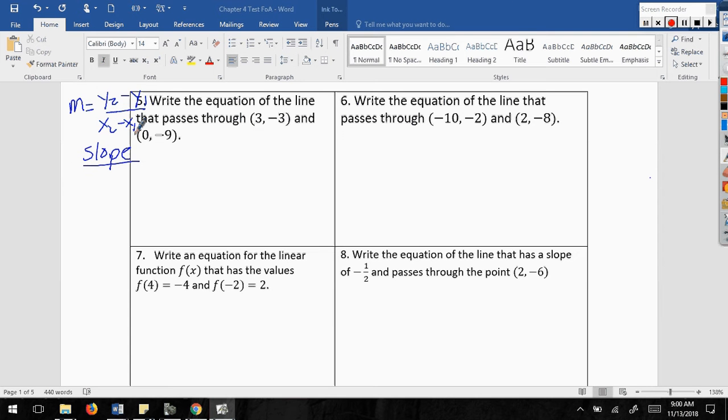Okay? So slope here would be -3 minus -9 over 3 minus 0, which would be -12 over 3, which would be -4.